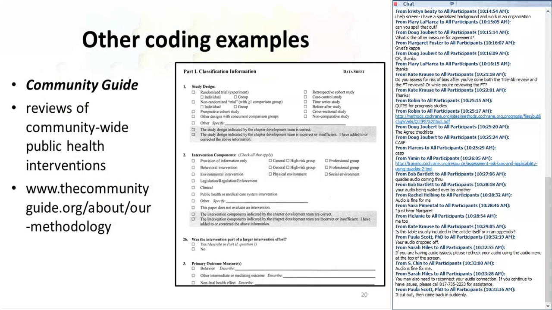Some other examples that are out there: the Community Guide, which is an online repository from a CDC group that looks at reviews of community-wide public health interventions. They are very generous in providing all of their methods, including their coding sheet, which is kind of long and might be a little bit daunting.